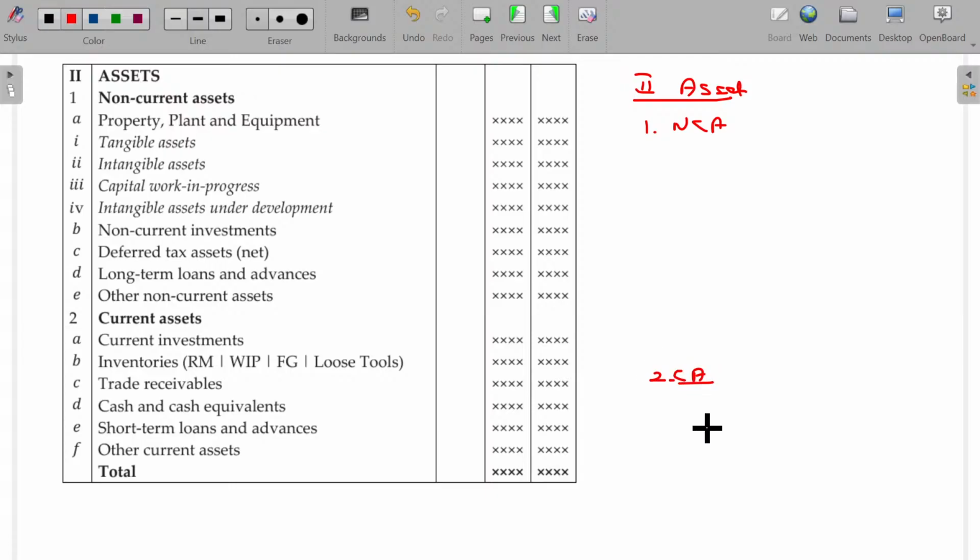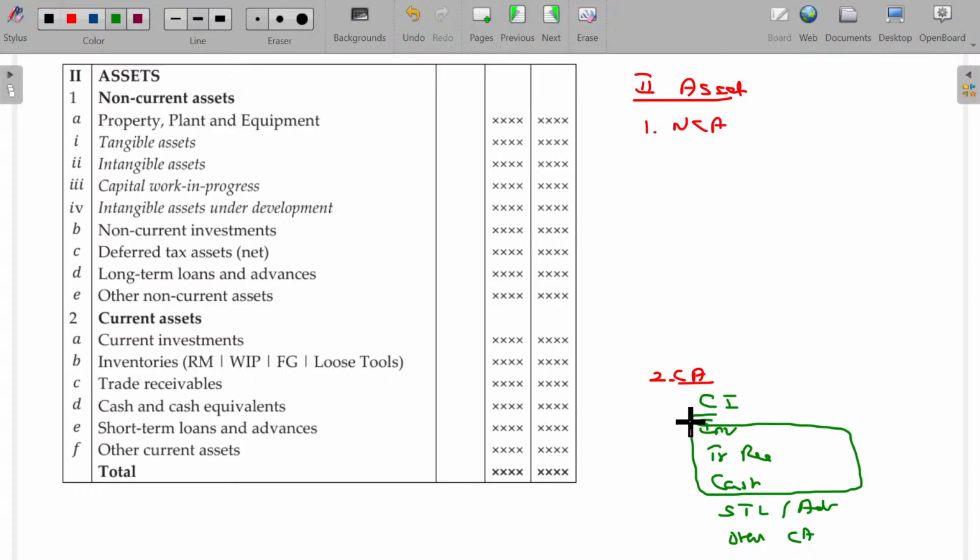Under current assets, what we had to understand: inventory, trade receivables, and cash equivalents. Here current investment, here short-term loans and advances, and other current assets. You just consider this as a separate block.